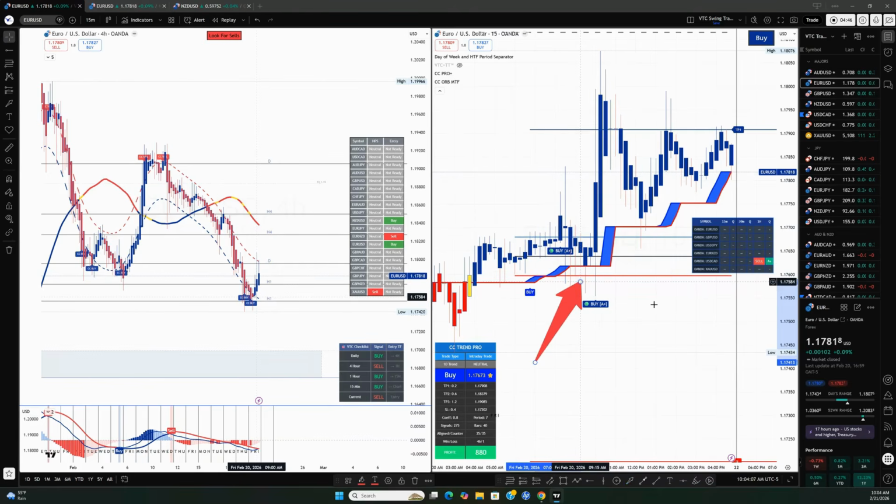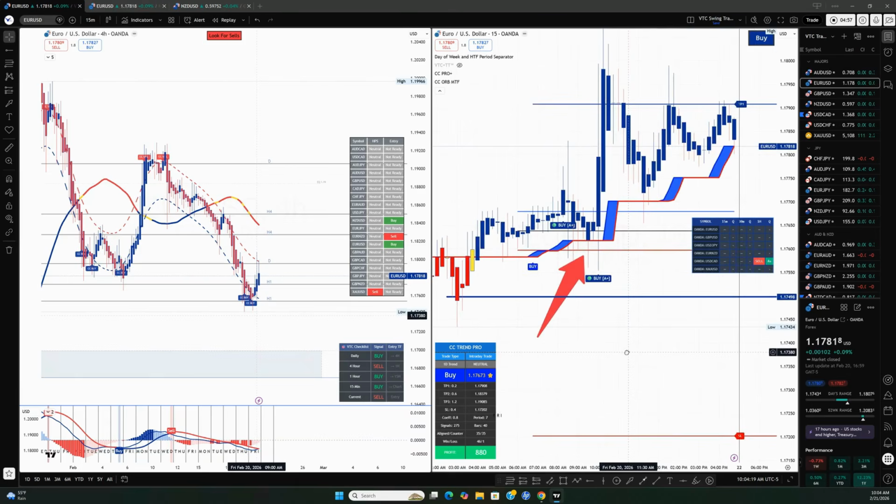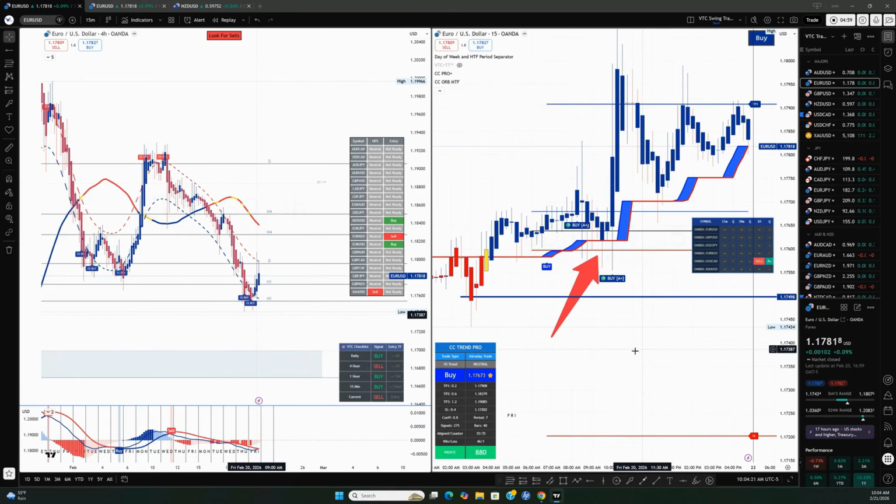Okay, now how I managed the trade is my stop loss was somewhere around here in this area. Okay, very, very short, small stop loss, and it never came down to hit my stop loss.